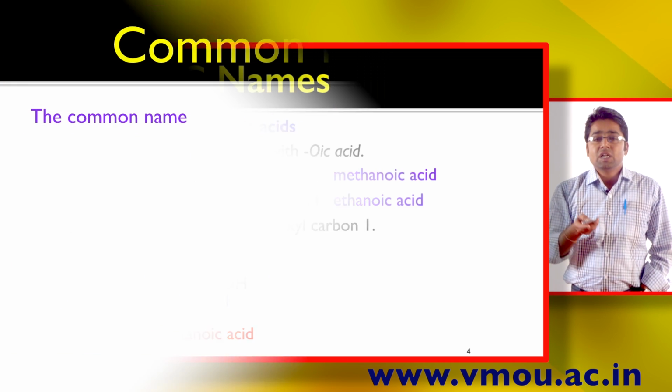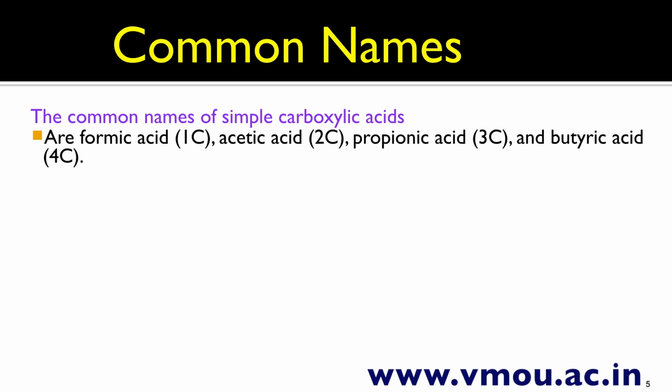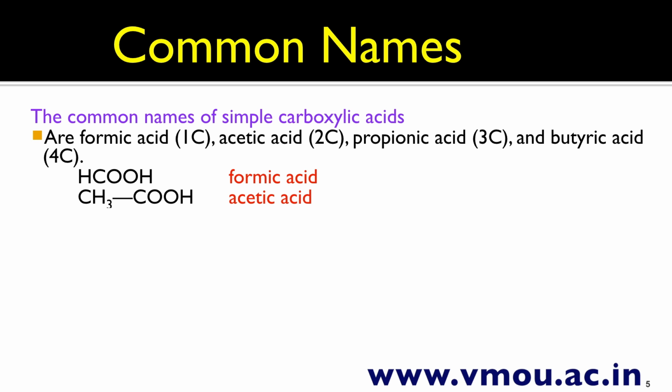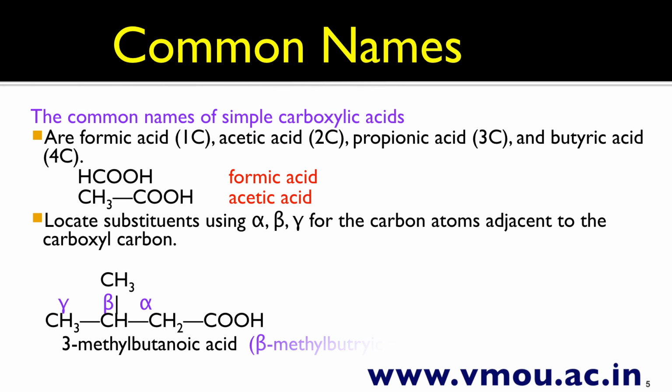In the next slide, we have shown the common names of some common carboxylic acids. There is formic acid, another one is acetic acid. These are the most common names of these carboxylic acids. For non-IUPAC nomenclature, the terms alpha, beta, gamma are used.